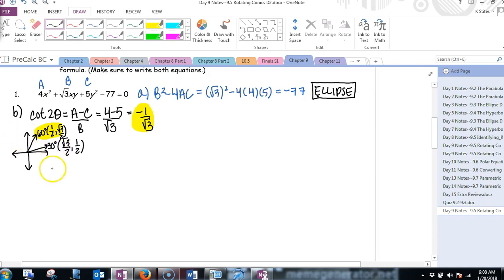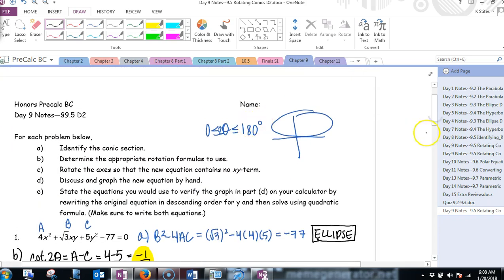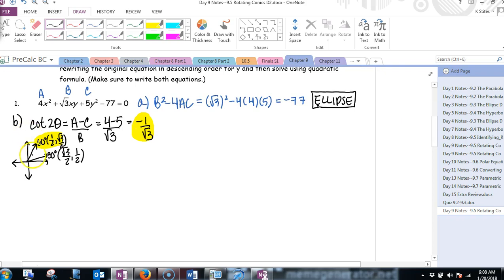All right, again, not quadrant 4 based on this information up here. So the 60-degree angle in quadrant 2 would be 120. So that means 2 theta is 120, and then when we divide, you're at 60 degrees. Okay, so that is theta. Just remember, anytime you have a negative cotangent, worry about your top 2 quadrants, and then when you divide by 2, you will end back up in quadrant 1.